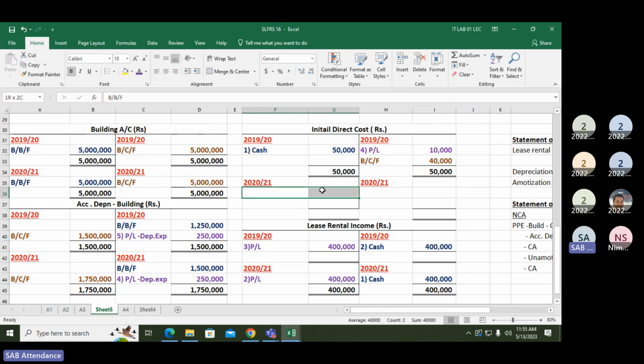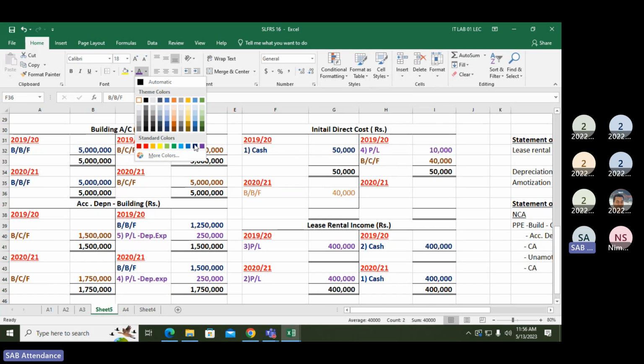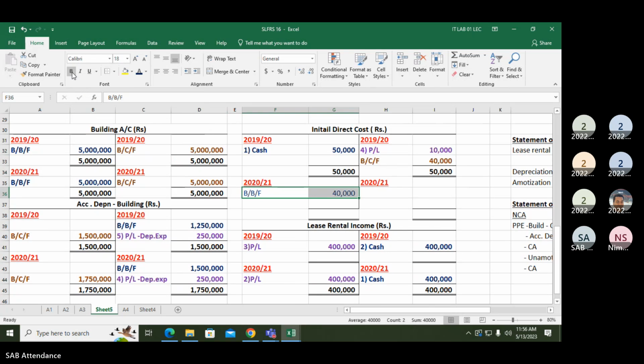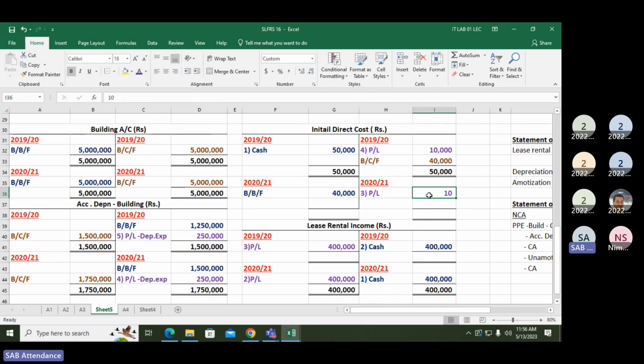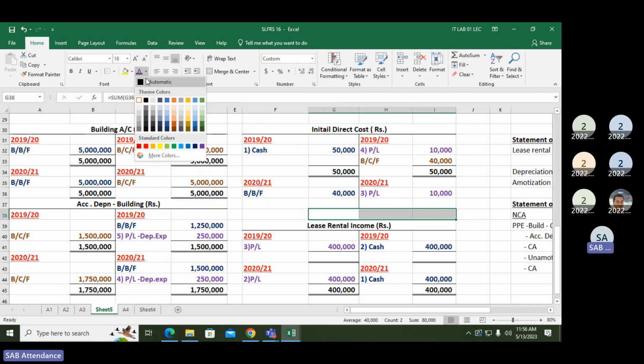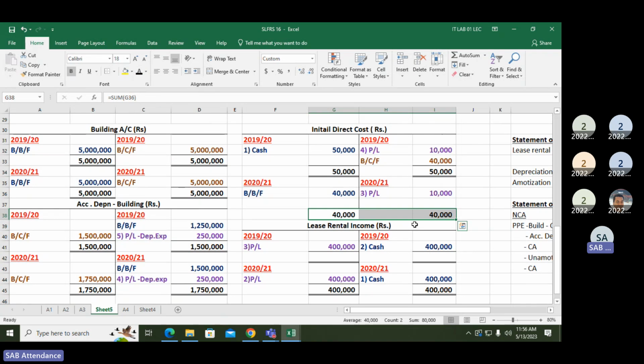This initial direct cost, we have a debit balance brought forward 40. Charging 10,000 to P&L, so now the balance carried forward is 30.